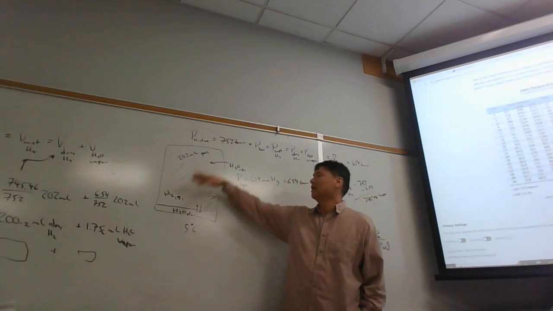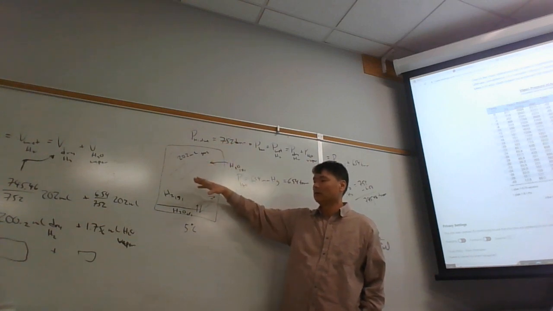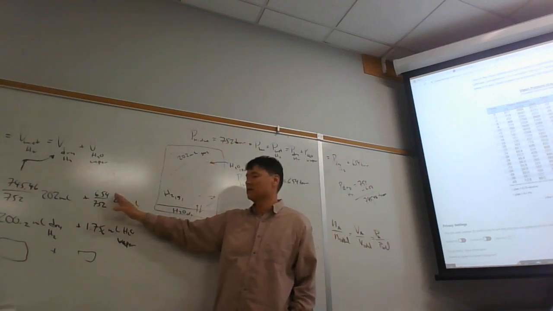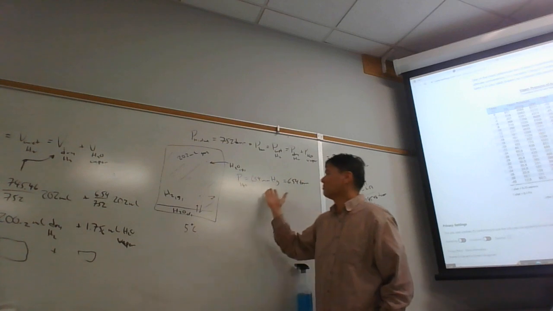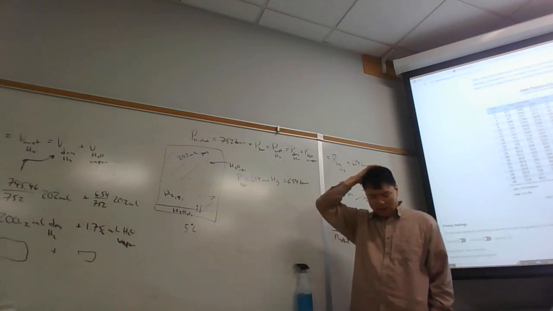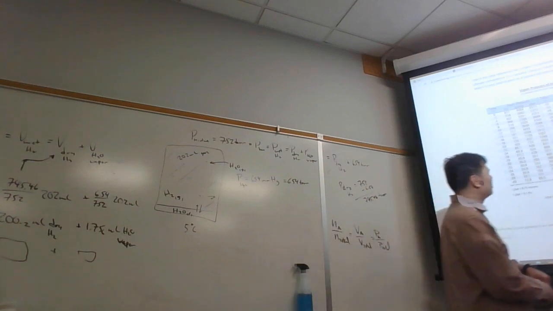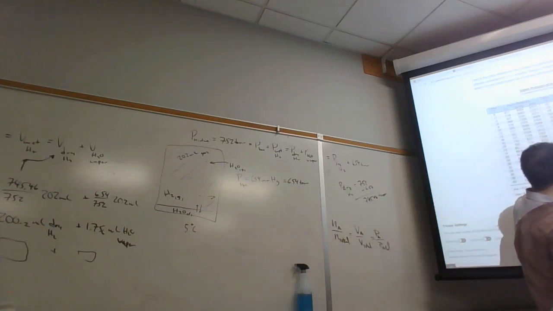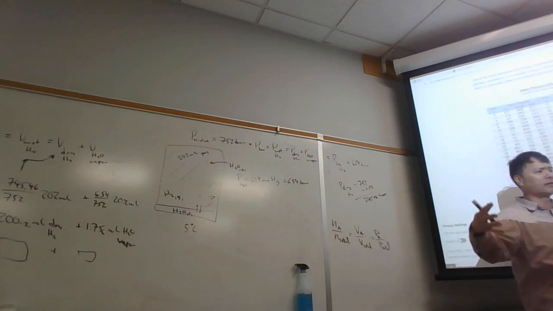It's going to depend on how big this container is. And so volume fraction is extensive, whereas the pressure fraction is intensive. And so this is why water vapor pressures aren't listing how many milliliters of water vapor you have, because that would be depending on how big the container is.